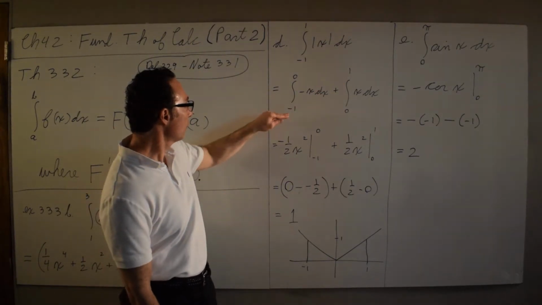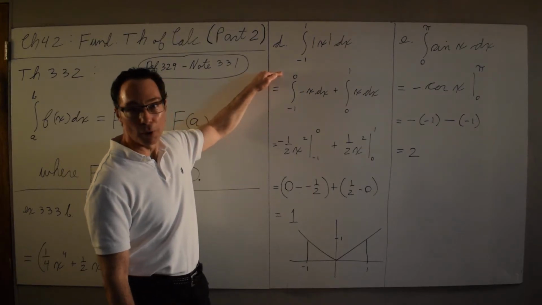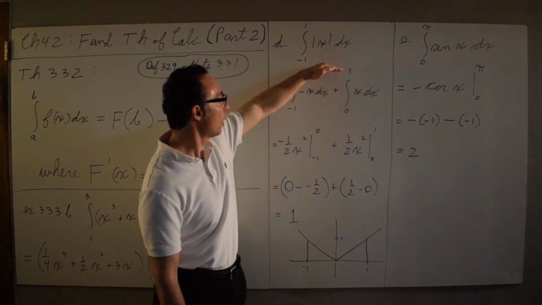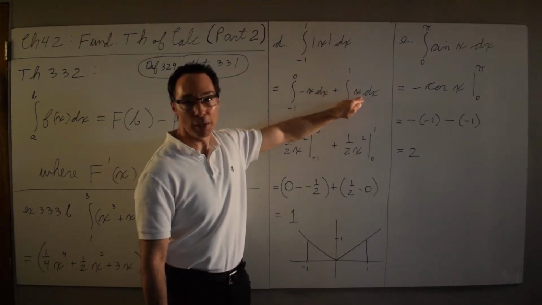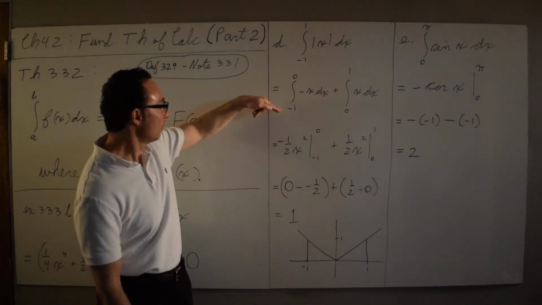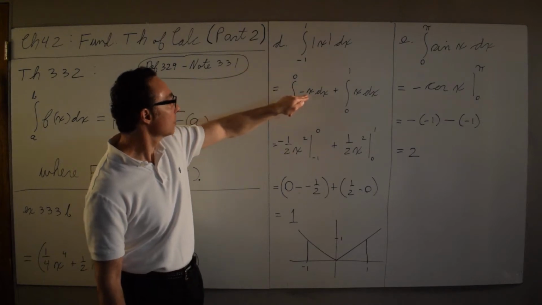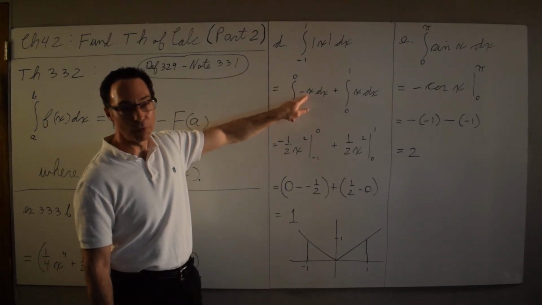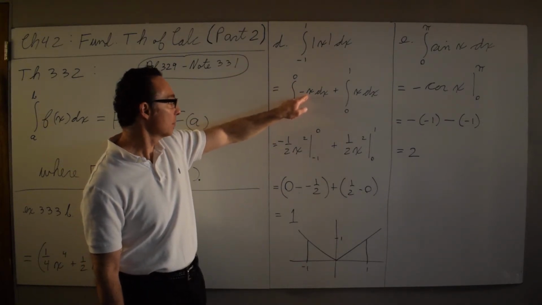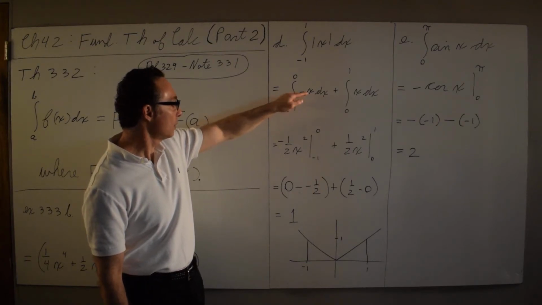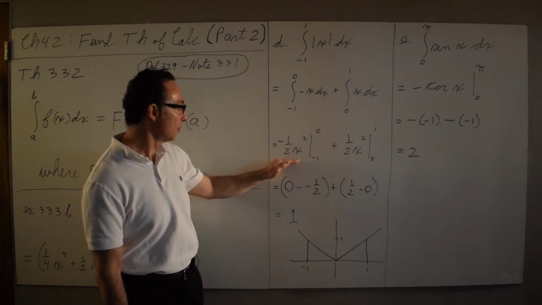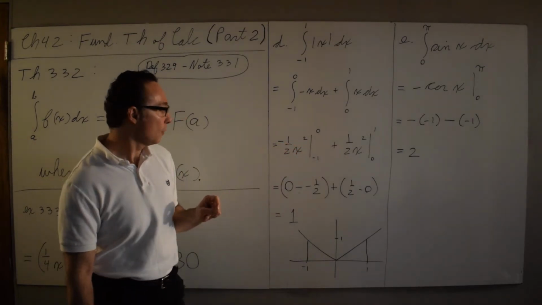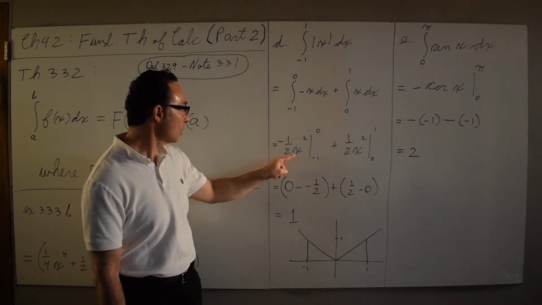It's defined differently from -1 to 0 as it is from 0 to 1. From 0 to 1, the absolute value of x is simply x. From -1 to 0, the absolute value of x is the opposite of x, so it's -1 times x. So we find an antiderivative of -x, which is -1/2 x squared. And if you want to, take the derivative to check your answer.